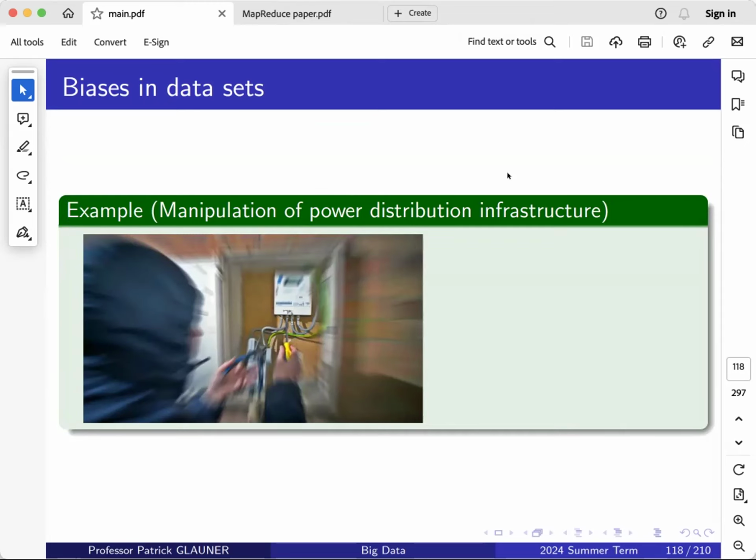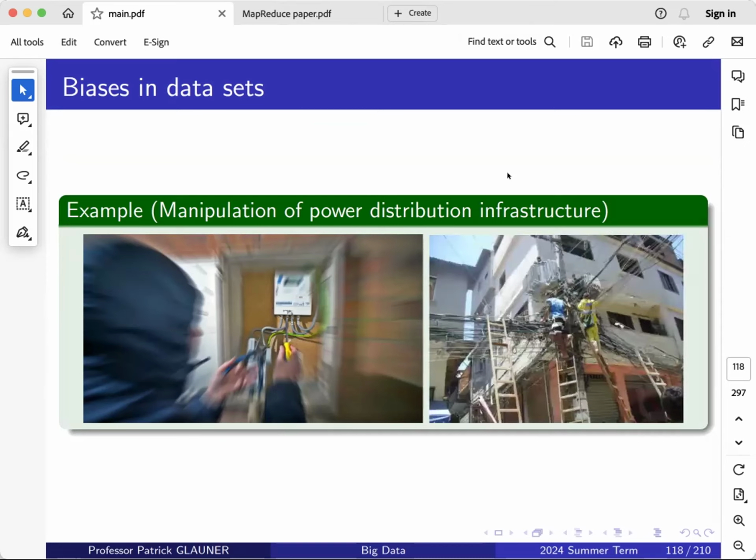In my PhD thesis, I worked on the detection of electricity theft. And we talked about this already in the introduction of this course a few weeks ago. So what happens is people manipulate power infrastructure, say their meter or a transformer outside, with the goal of getting electricity for free. And this was my PhD thesis.